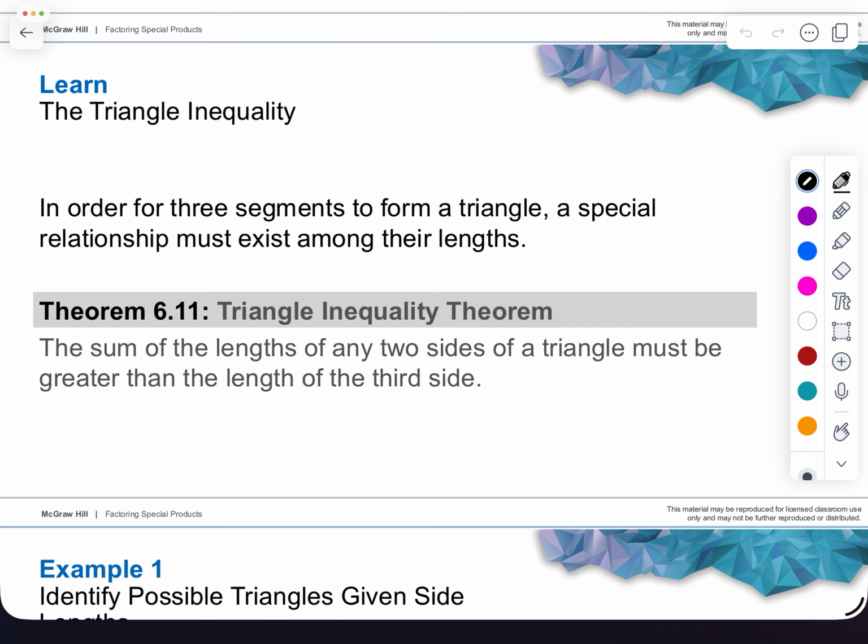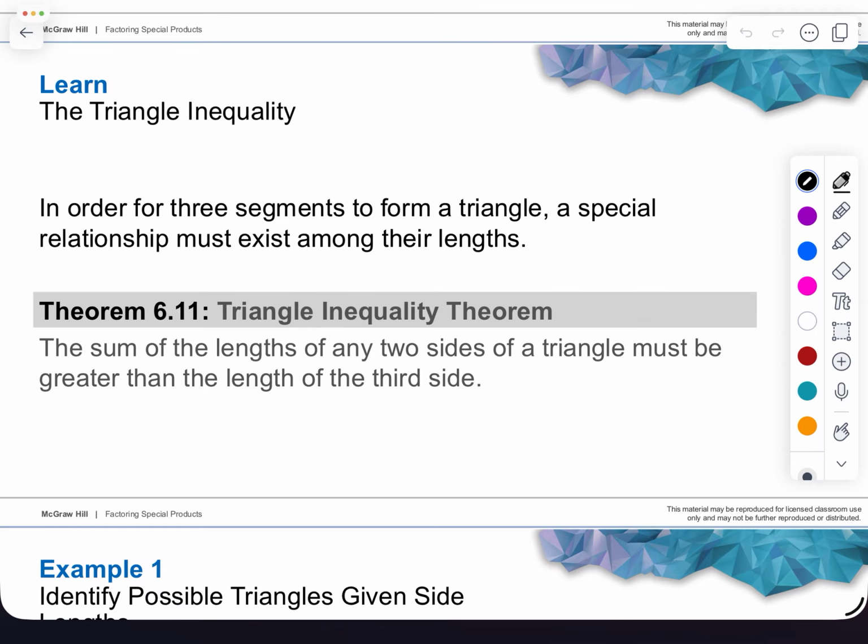This is really helpful, especially when we start talking about the law of sines and law of cosines, which is really helpful in advanced geometry. This one may seem really basic, but it's a good basic rule that's going to be helpful later.